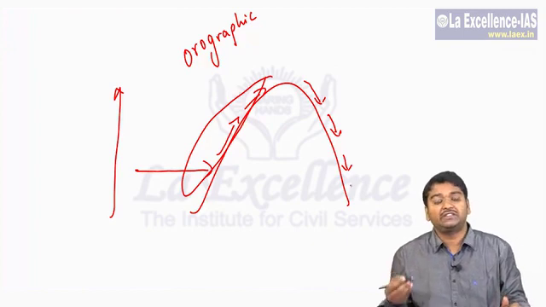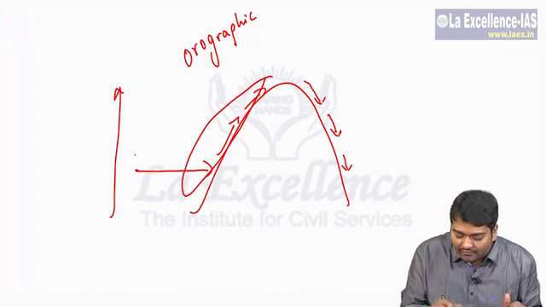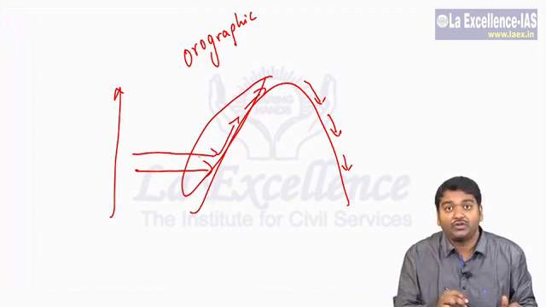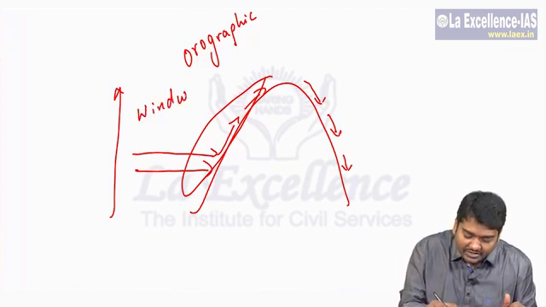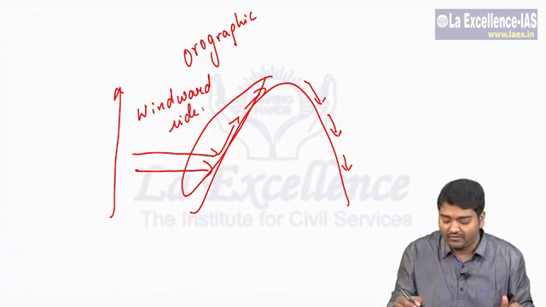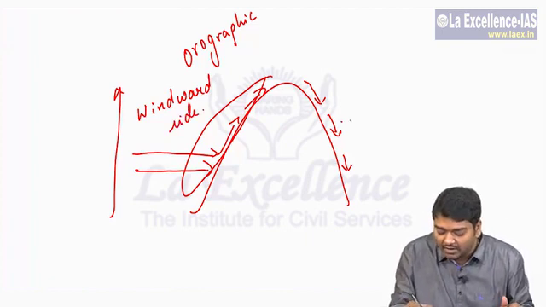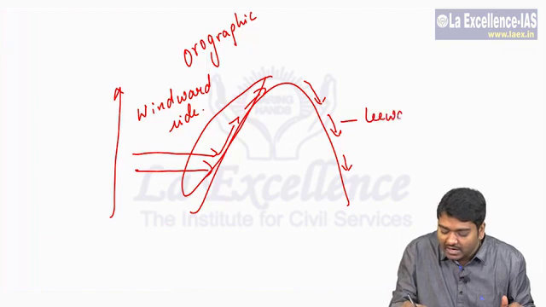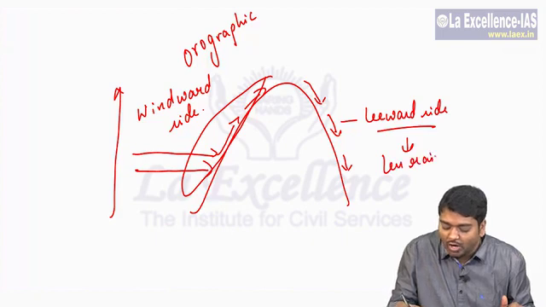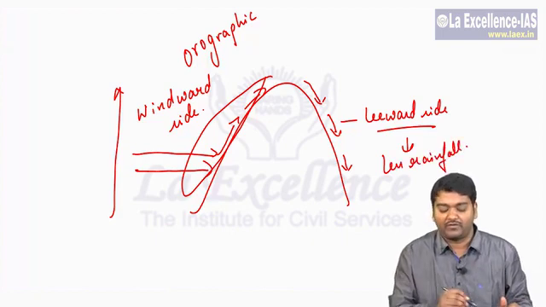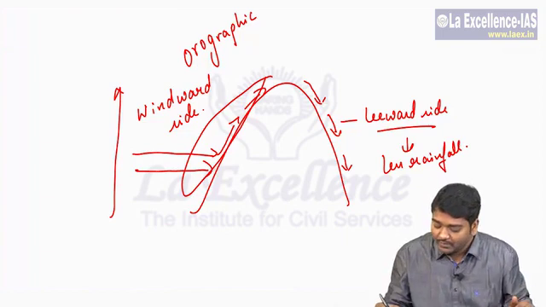We usually see that there is no rainfall. Winds are blowing towards the mountain. This is called the windward side, and this gives heavy rainfall. And when it is coming down, we call it the leeward side. And here, less rainfall, or we usually say no rainfall. This is called orographic.